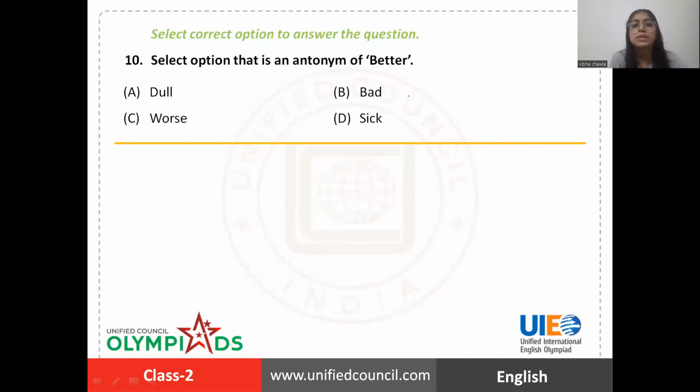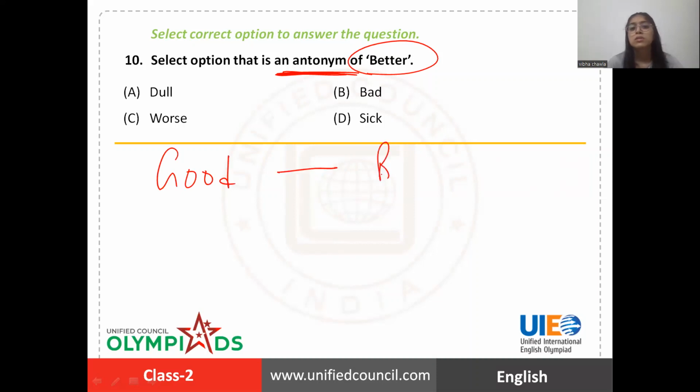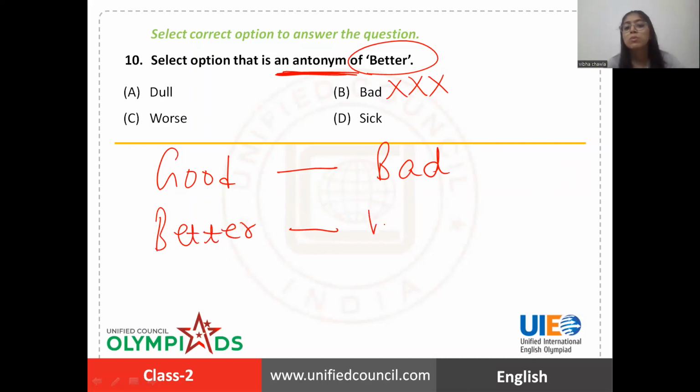Next, we have question number 10, in which we have to select the option which is the antonym. This time, the opposite of better. Now see, good has the opposite bad, but we can't say bad is the opposite of better. No. If you are talking about the comparative degree of good, better, its opposite will also be a comparative degree, of bad.